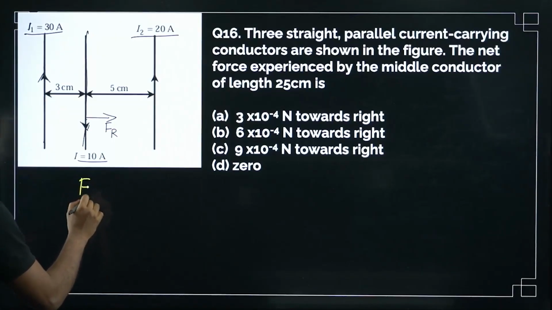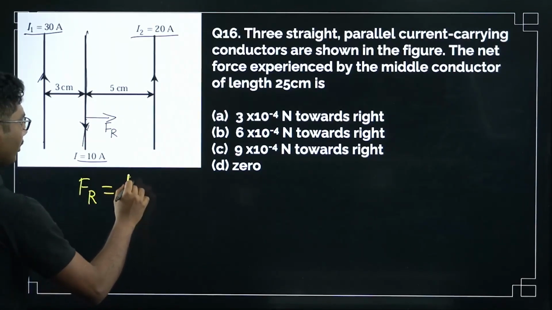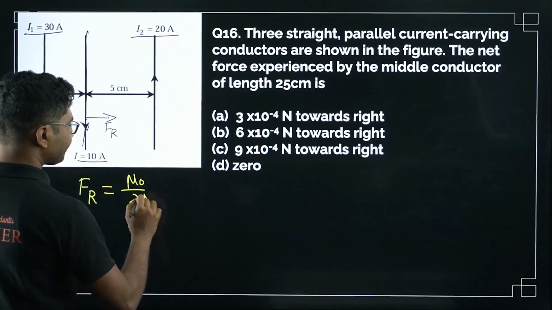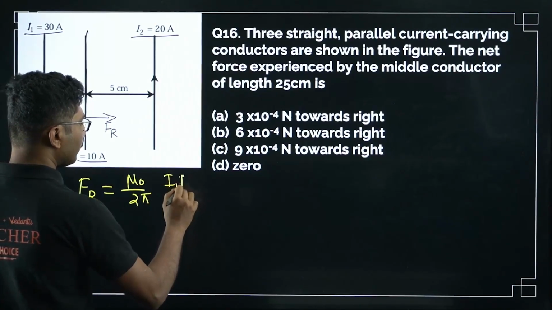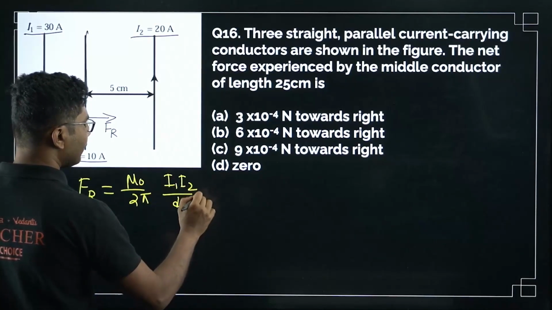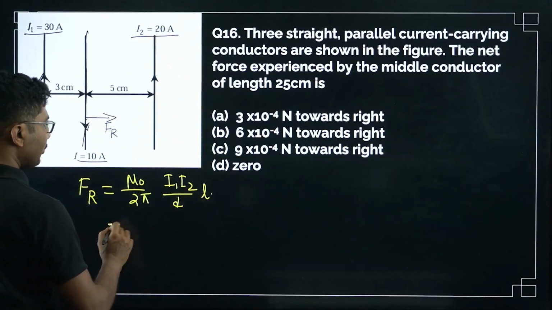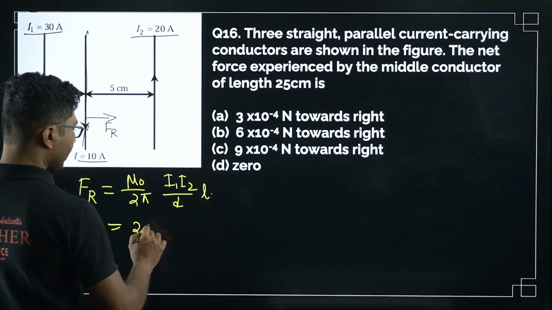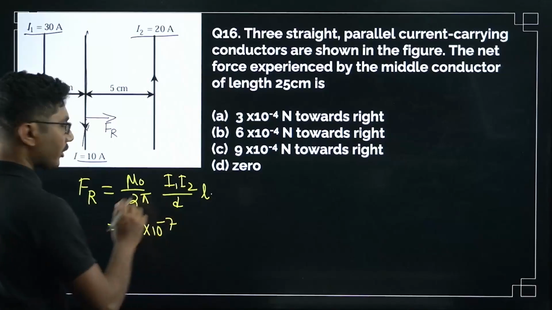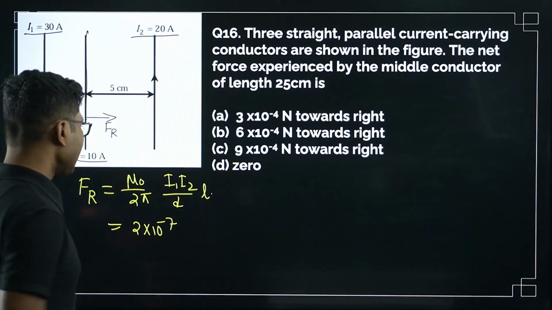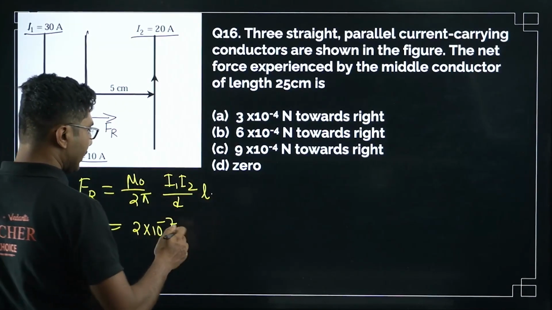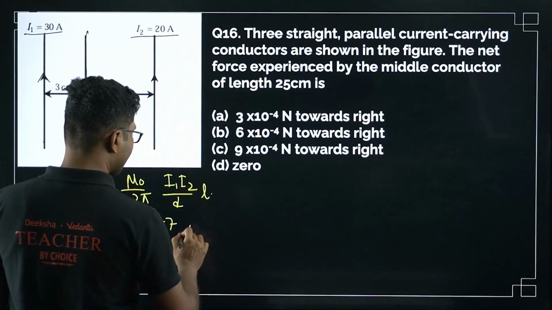What is Fr? Fr is μ0 by 2π times I1 I2 by the distance, into the length. μ0 by 2π is 2 × 10^-7, since μ0 is 4π × 10^-7, divided by 2π.